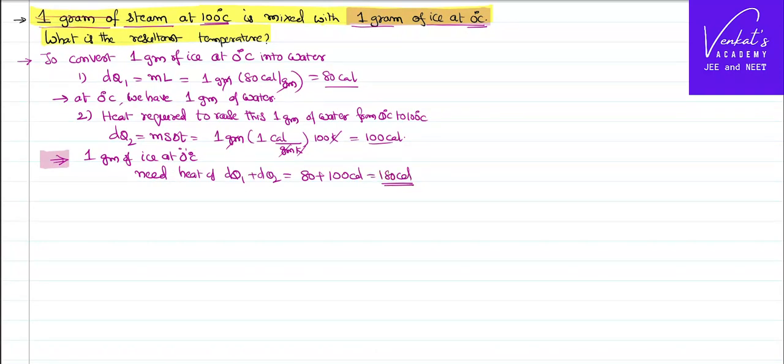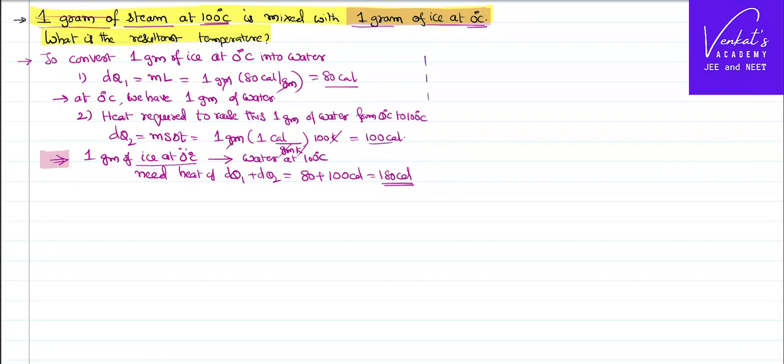So that this ice at 0 degree centigrade is converted into water at 100 degree centigrade. That's one step. Let's go for the next step now.